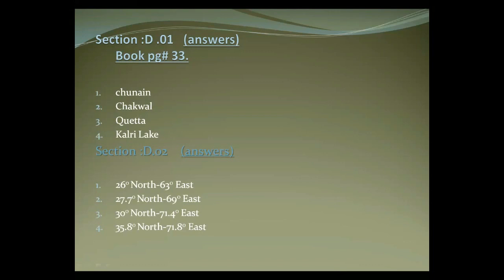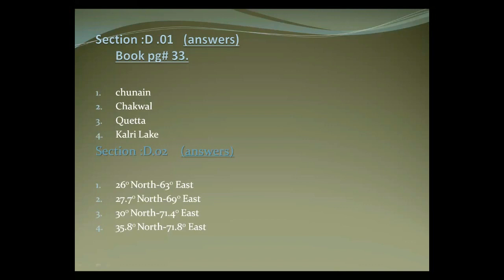Now, come to the next exercise, that is section D, exercise number 1. The question is given in your book: you know lines of longitude and latitude help us to find a place on the globe or in an atlas. Look at a globe or an atlas and find out which cities of Pakistan are at these references.